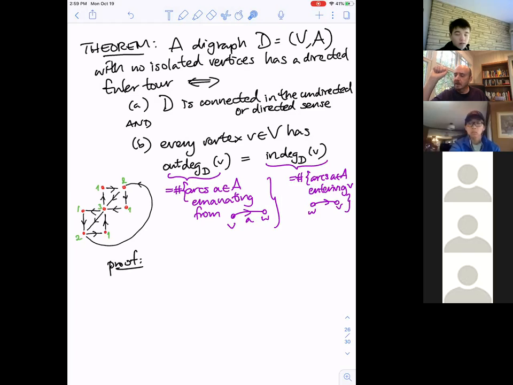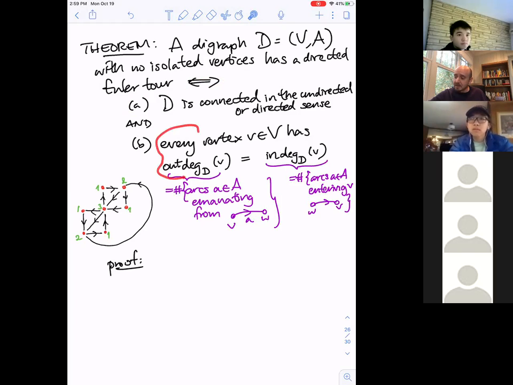Yeah, so let's think about it. In the forward direction, it's the same proof as to why having an Euler tour makes you connected. You can follow the path through the Euler tour. It's going to get from V to V prime at some point because nobody's isolated. V and V prime have some arcs that touch them. So the Euler tour is going to go through V, and then later it's going to go through V prime.